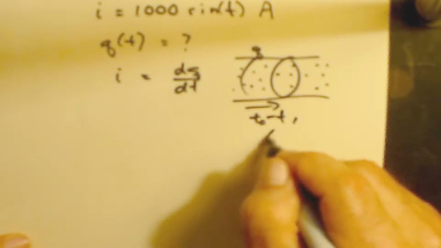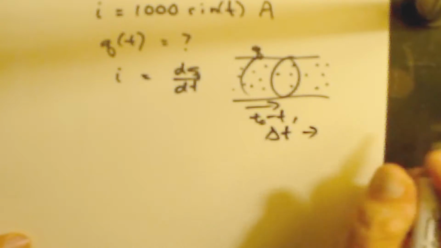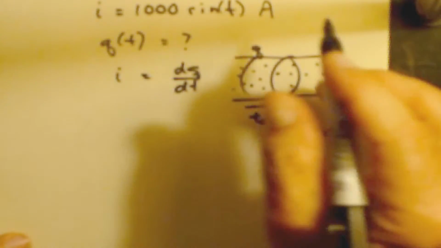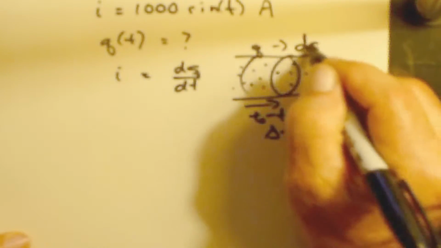And that is delta T, which is also described as dt. And of course, the number of charges translates to dq.